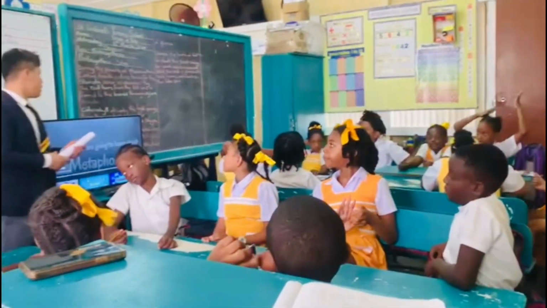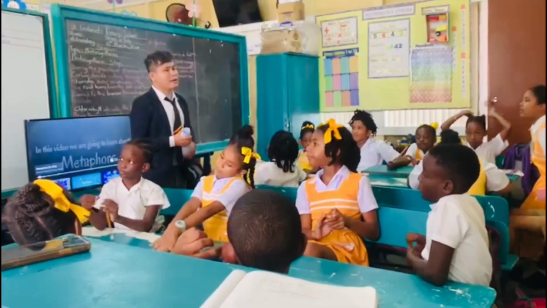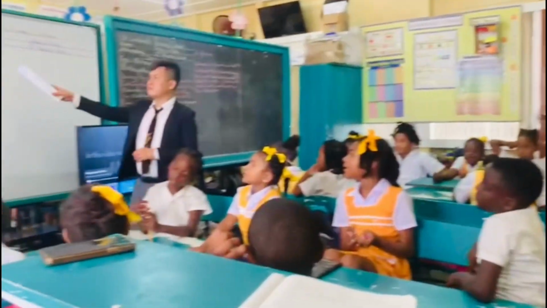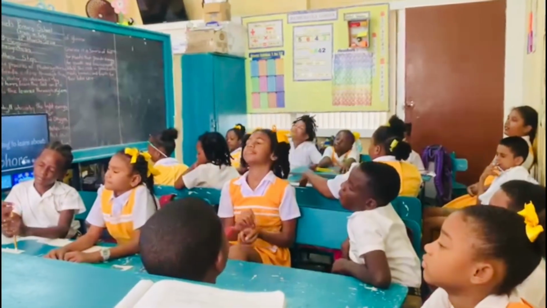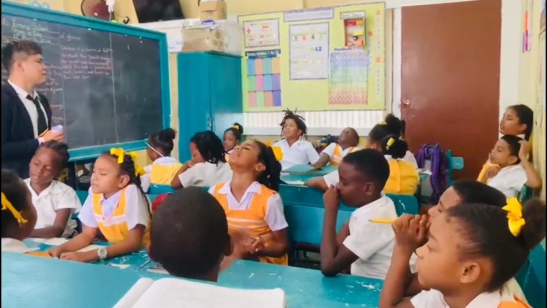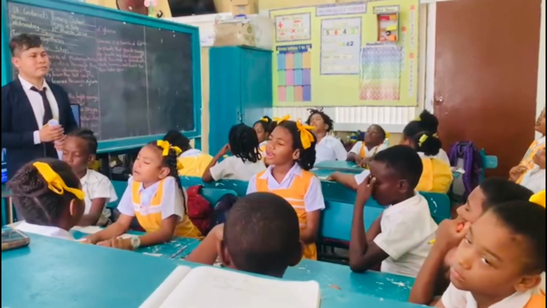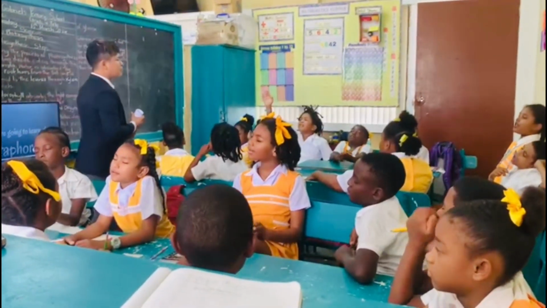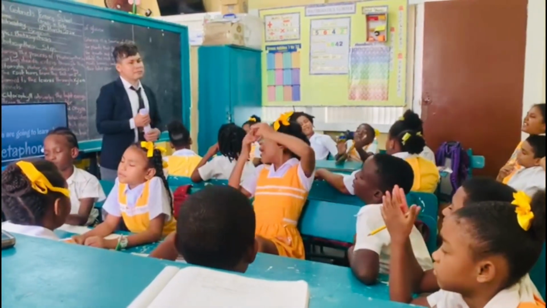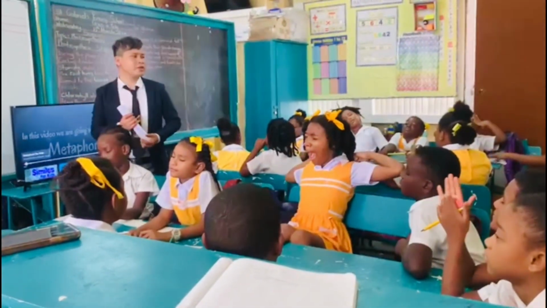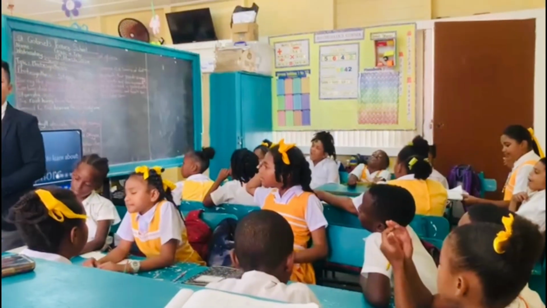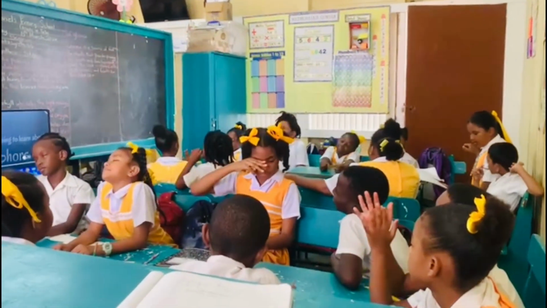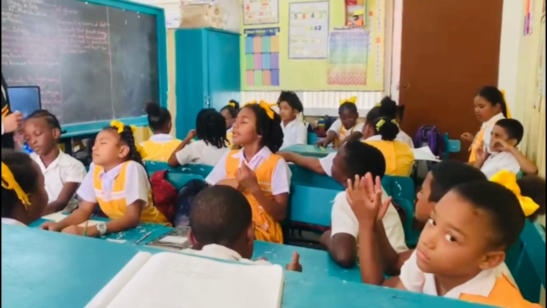Now, let's reflect on what you are doing. What is it you're looking at? And close your eyes. Using like or as. So what is the keyword you have to remember?